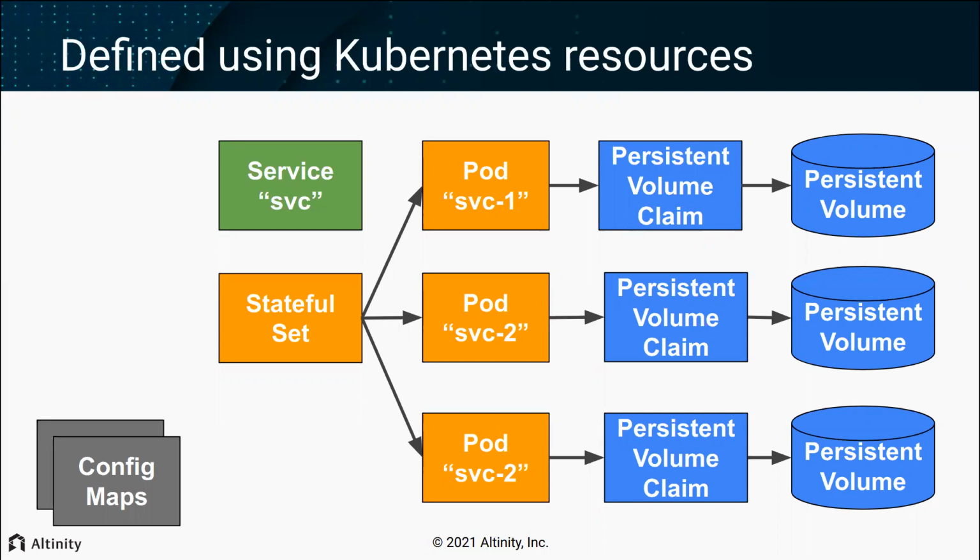So by creating the persistent volume claim, there's a controller in Kubernetes that sees this and is going to go ahead and actually tell EBS to allocate the storage. And then finally, the service defines a load balancer, which you can connect to, and then it will route traffic into one of the pods. There are also many other types of resources.